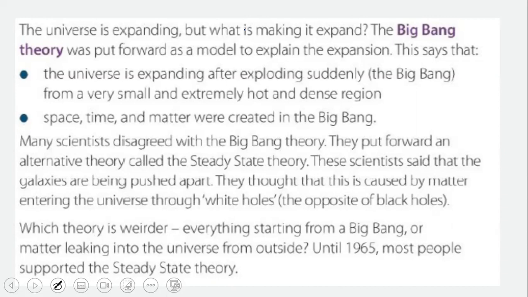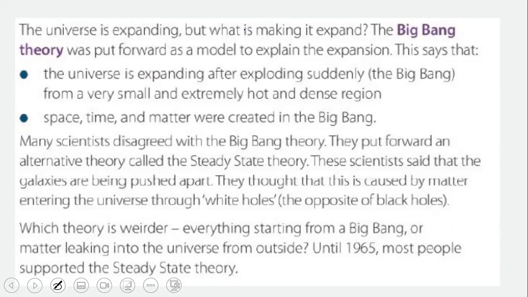Up till now, when we take a look into it, there are still a lot of controversies. A lot of people don't really believe it. But generally speaking, you just have to know how the scientists explain it or what evidence they have for it.